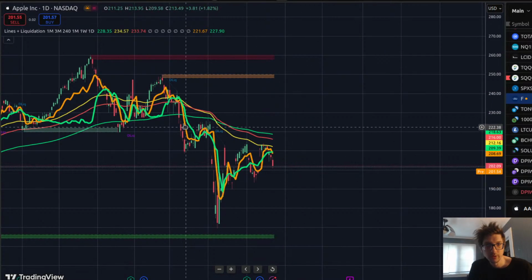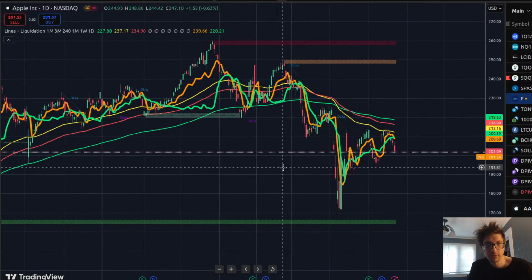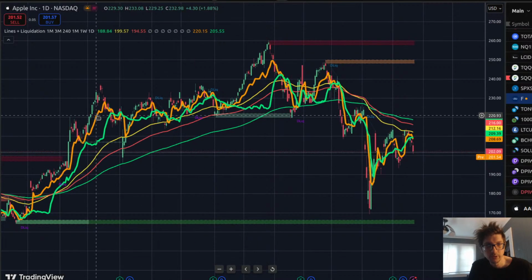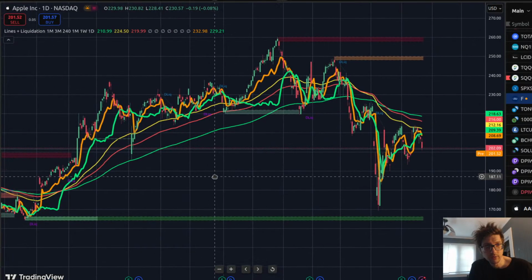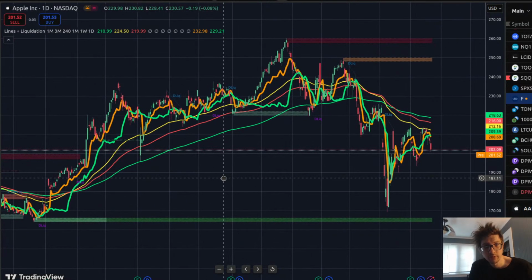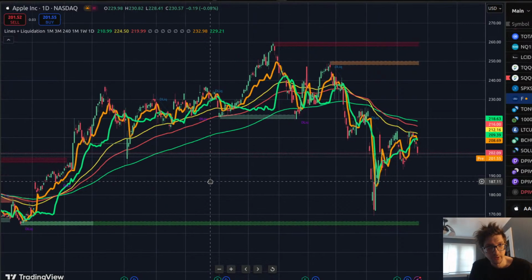So if it crosses above or below the threshold of the orange line or this thicker green line, then you know that there's potentially a reversal, and the harder that it crosses against that line, the stronger the trend or reversal that it goes towards.